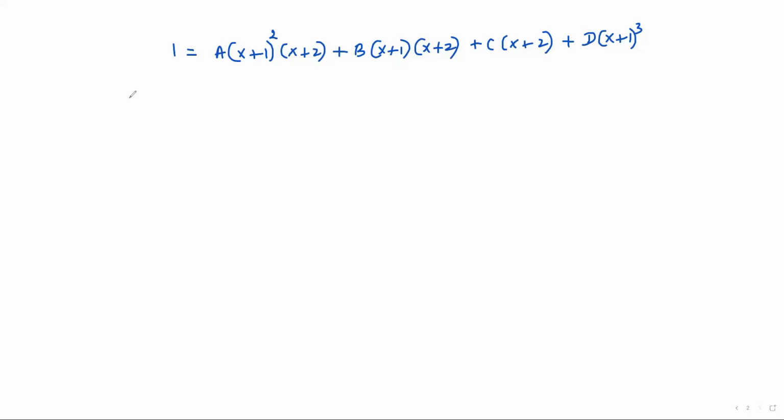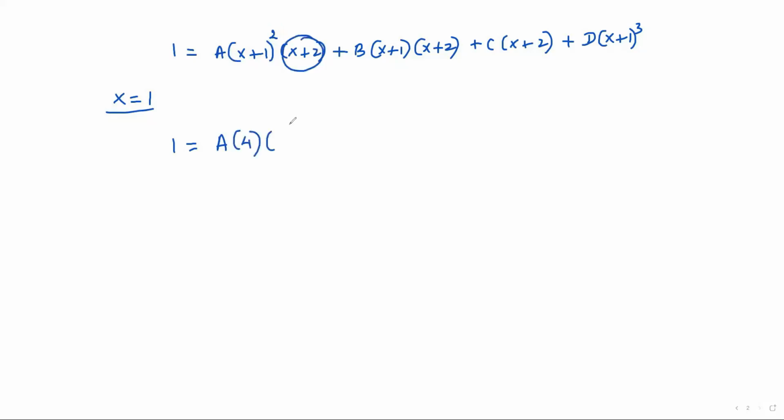Here I am going to plug in x is equal to 1 so that all the 4 constants A, B, C, D will appear in the equation. So 1 is equal to A times, when I plug in x is equal to 1, this part will become 1 plus 1, 2, and we have a square. So 2 squared is 4.